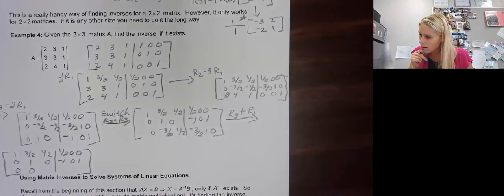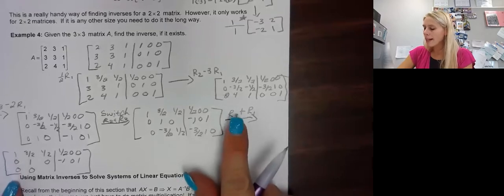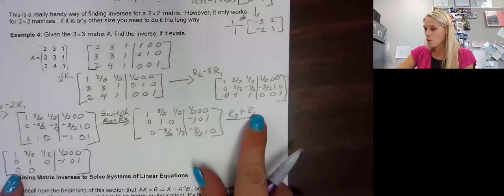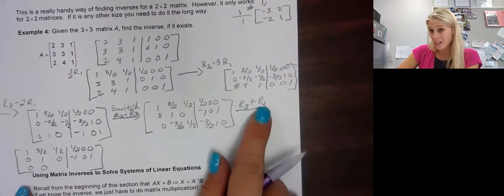Now, what is it? I'm trying to think, guys. Oh, this is why I can't do that. Because if I add row 3 and row 1, what happens to this right here? It becomes a 1. So I actually can't add it to row 1.